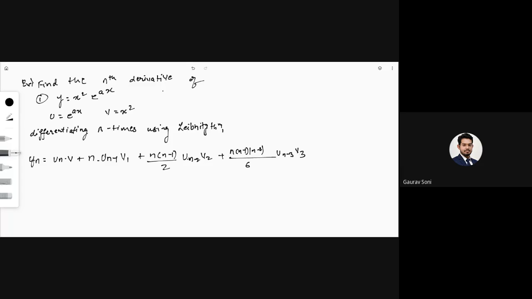Look, the third derivative of x square is 0, so this term is going to be 0, so I can remove this term and all the further terms.